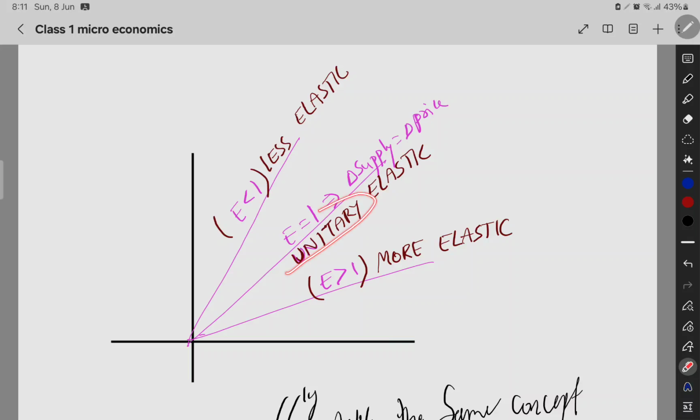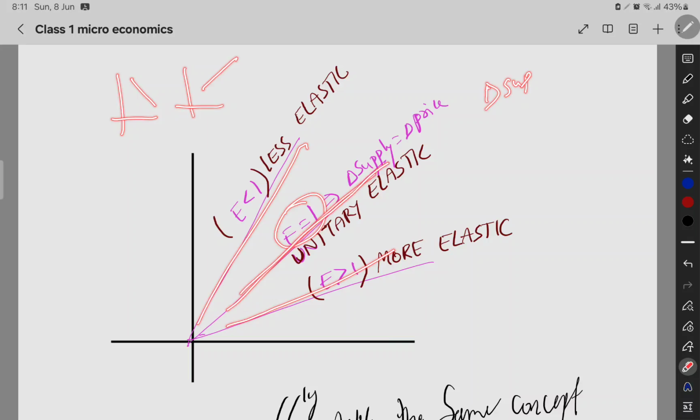Now let us see what is unitary elastic. If E equal to 1, it is called unitary elastic, and if my E is less than 1, it is called less elastic, and if E is greater than 1, I call it more elastic. Say my E equal to 1. What does E equal to 1 mean? This is a supply curve, right? Demand curves look different. So this is my supply curve. My formula for elasticity would be change in quantity of supply divided by change in price.